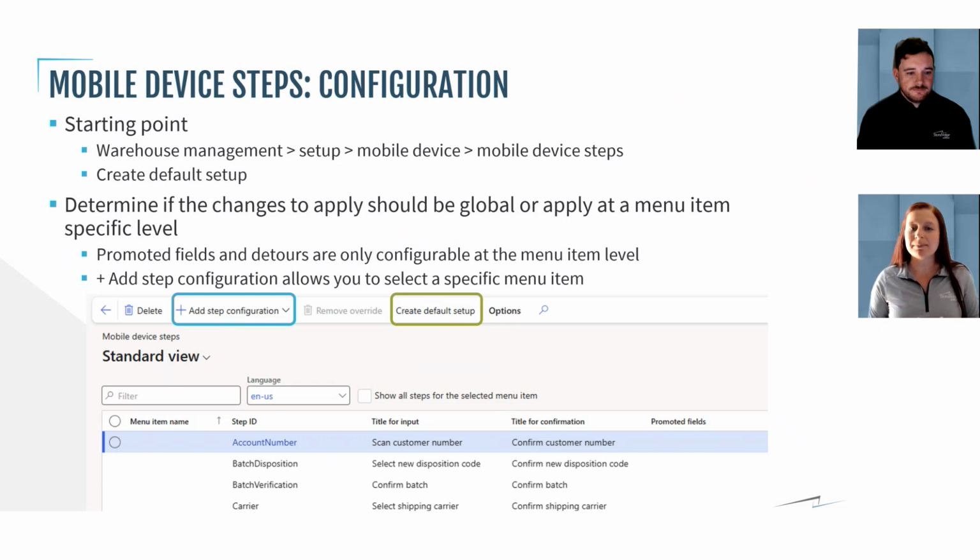You can go ahead and make modifications here, which would be at the global step level, or you can press this Add Step Configuration, which allows you to add an override at a particular menu item level. So again, this can either be done at a global level or for an individual menu item.